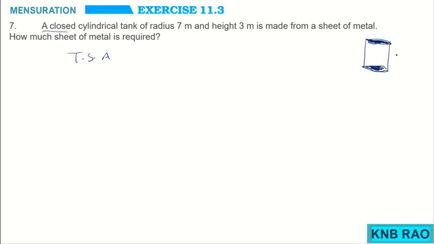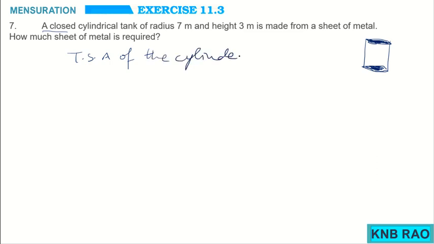Normally, the curved surface is made up of metal, and here along with the CSA, both top and bottom have been covered with the metal. Therefore, I am taking the TSA of this cylinder.